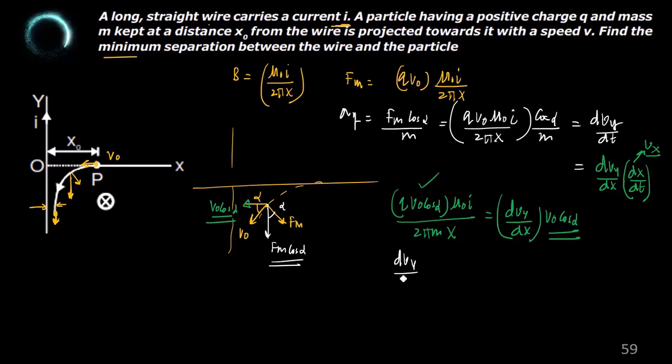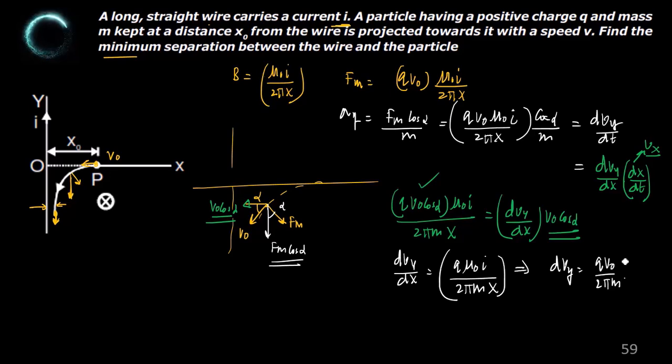So dvy dx equals q into mu naught into I by 2 pi m into x. Now if I rearrange this, I get dvy equals q mu naught I by 2 pi m into dx by x. Now I do the integration.